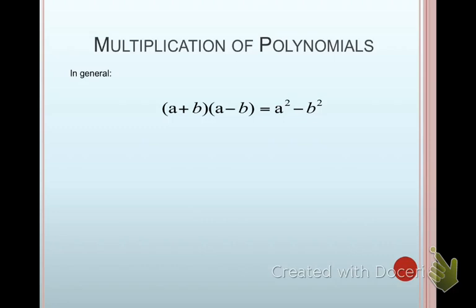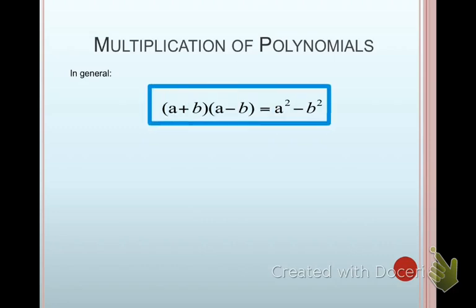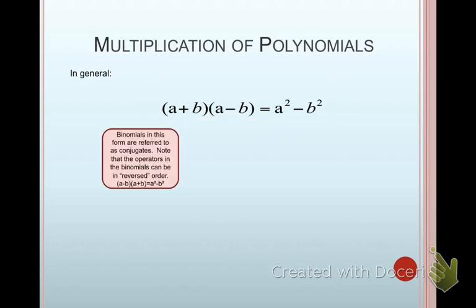There is a general pattern that tells us if we have a plus b times a minus b, the answer will be a squared minus b squared. So if you have two binomials being multiplied that are of the same form, where the only difference between them is their operators, the solution will be a squared minus b squared.